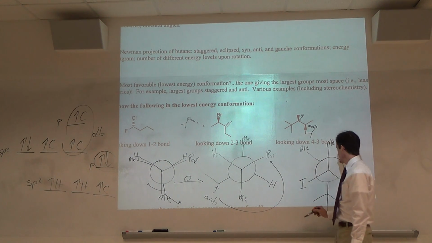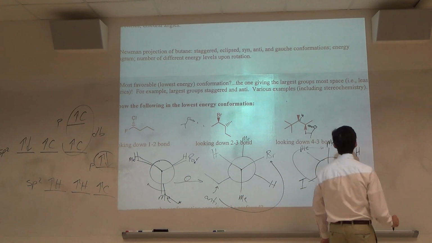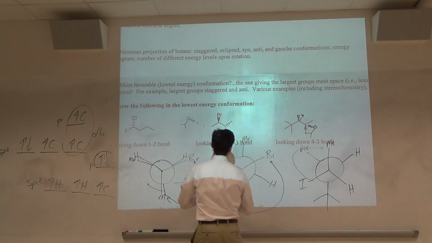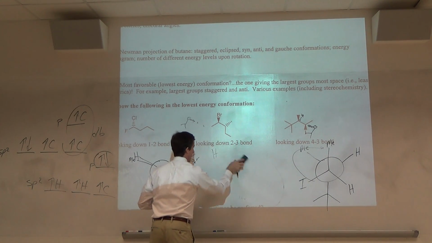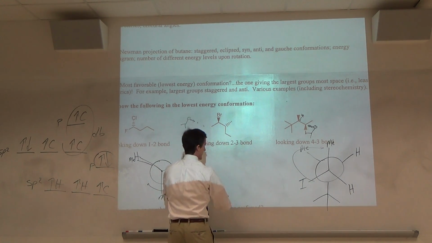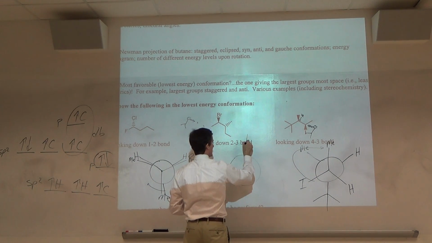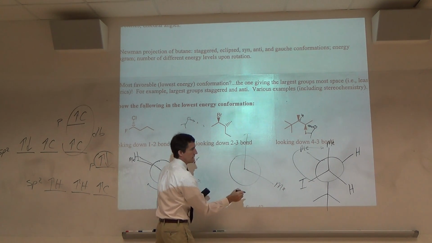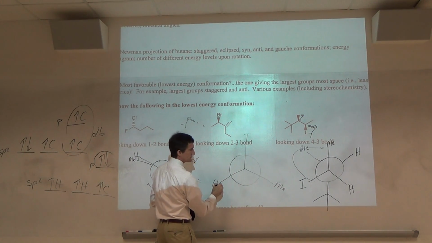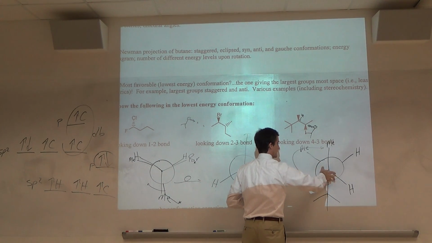So let's rotate the front carbon and move this iodine up here. We're going to move the iodine up. That's going to make the methyl come over here, and it's going to make the H come over here. That's the front carbon. We just turned it.